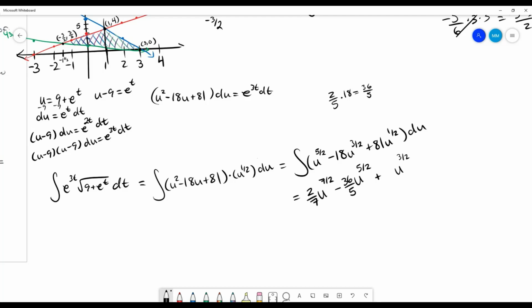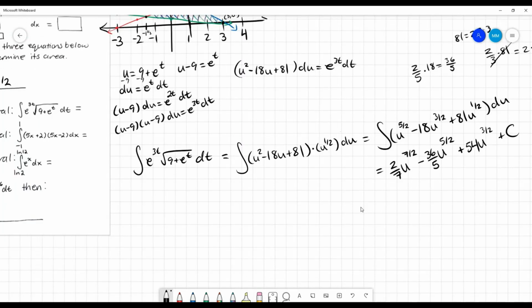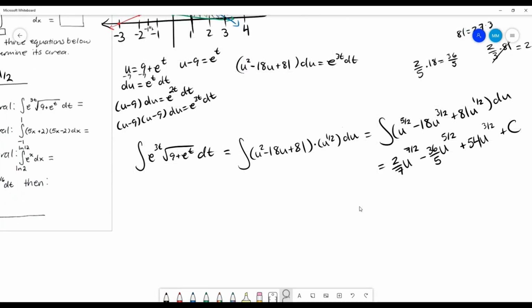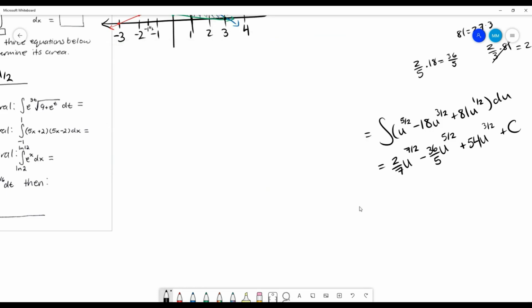And I'm going to get u to the 3/2, and then it's going to be 2/3 times 81. I know 81 is the same as 27 times 3, so I am actually going to cancel that, so it's just 2 times 27, so that's 54. And then don't forget our plus c, because this was an indefinite integral. And that's all we have for that one. That's our answer. So let me erase that. And so our answer is like so.